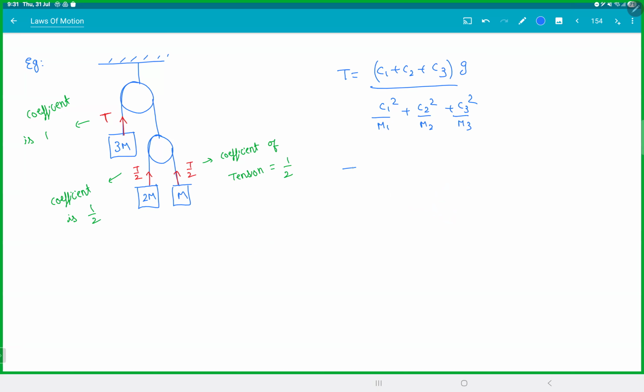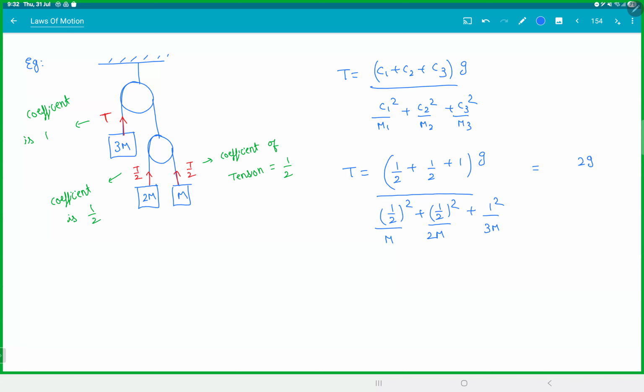Okay? So I will take M as M1. The sum of coefficients is half plus half plus 1, into g, divided by the first block's coefficient half square by mass m, plus half square by mass 2m, plus 1 square by mass 3m. Simplify this.